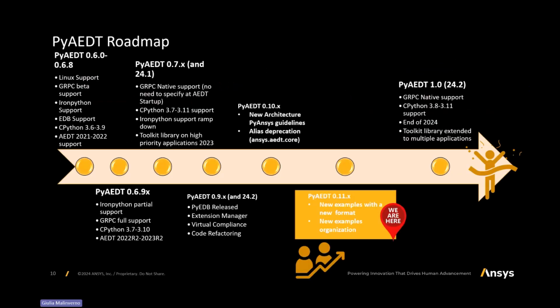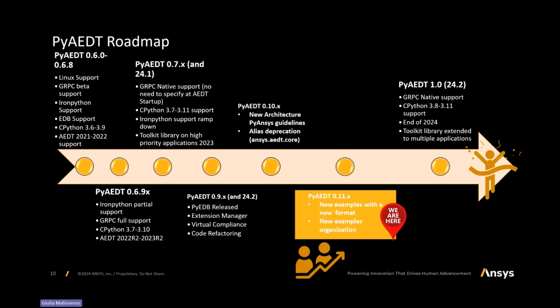Here I wanted to put our roadmap because this has been our journey so far. We started a couple of years ago and we've now reached version 0.11, which was released actually yesterday, where we achieved another great milestone: we separated the examples into a different repository and gave them a new format to be compatible with Jupytext in order to be rendered and run in Jupyter Lab.